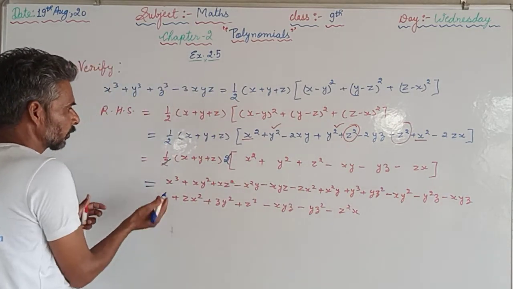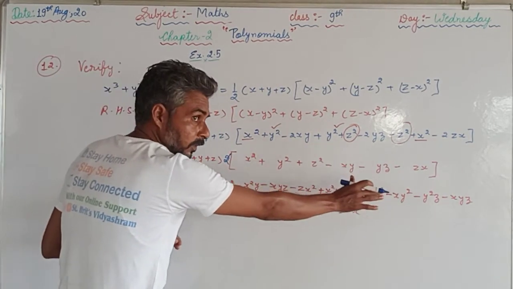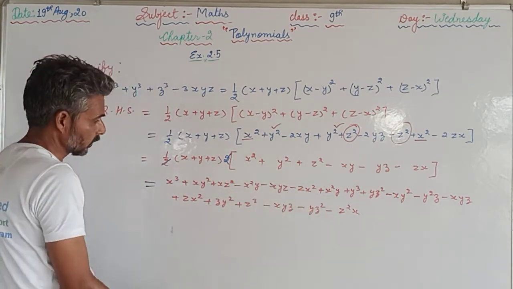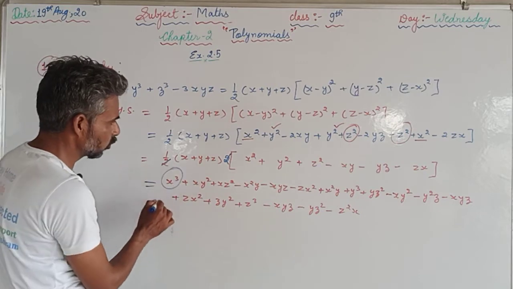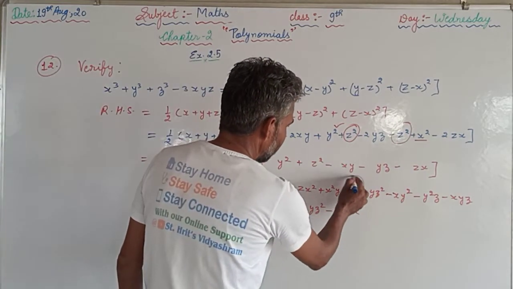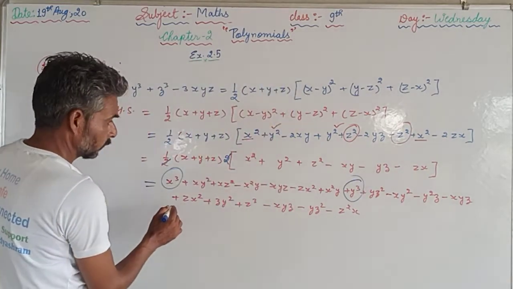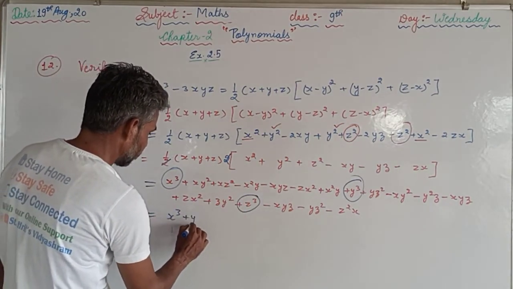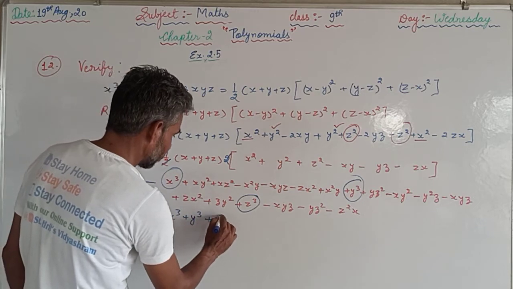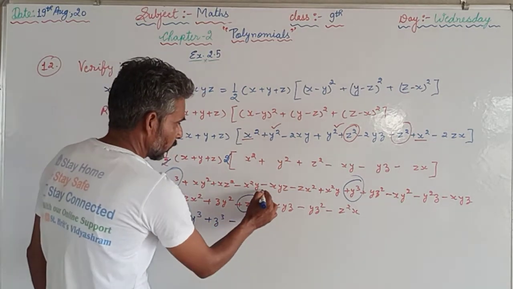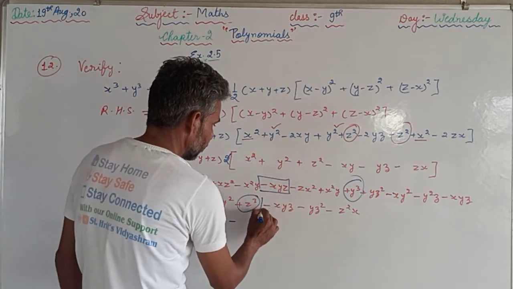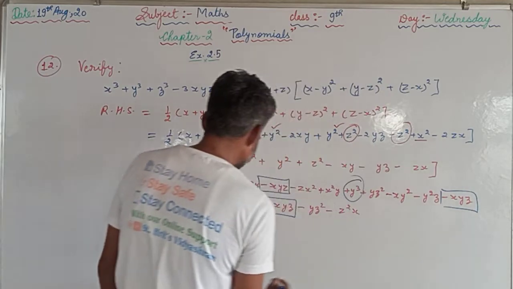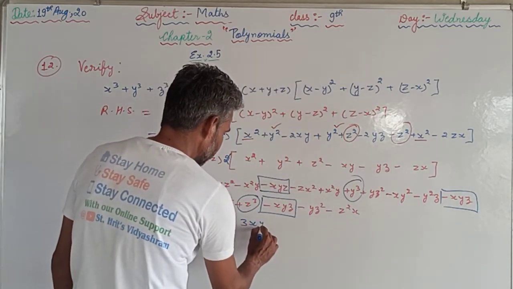Now after multiplying the whole bracket by x, y and z separately, the expression becomes like this. From here we see that x cube is there, y cube is there as well as z cube. So we write x cube plus y cube plus z cube minus xyz minus xyz minus xyz, that is minus 3xyz.